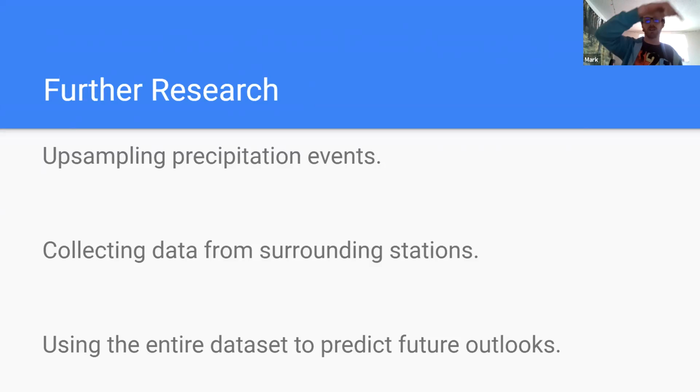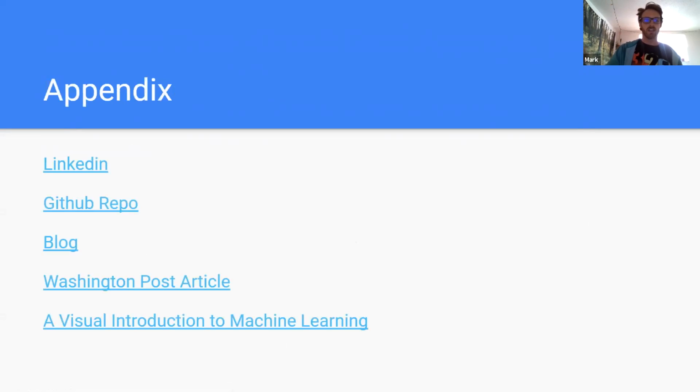Getting the area around would let you know when weather is coming in, a pretty useful feature. And I would use the entire data set to predict future outlooks. Right now, they just predict possibly the current day. It'd be interesting to change the data set so that we can be more informative with our results. Okay, that is all I have.